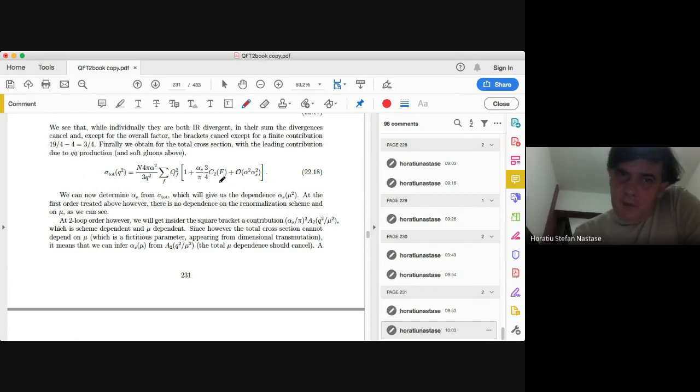However, that's only at one loop. At the next order, I will get something non-trivial. I will get, again, alpha strong over pi, now squared, but then I will get a function of q squared over mu squared, something that depends on mu, and moreover is scheme dependent.